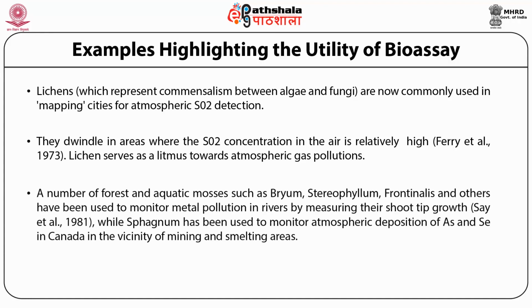A number of forest and aquatic mosses such as Bryum, Stereophyllum, Fontinalis, and others have been used to monitor metal pollution in rivers by measuring their shoot tip growth, while Sphagnum has been used to monitor the atmospheric deposition of arsenic and selenium in Canada in the vicinity of mining and smelting areas. Aquatic ferns like Azolla have shown promise in metal pollution monitoring.